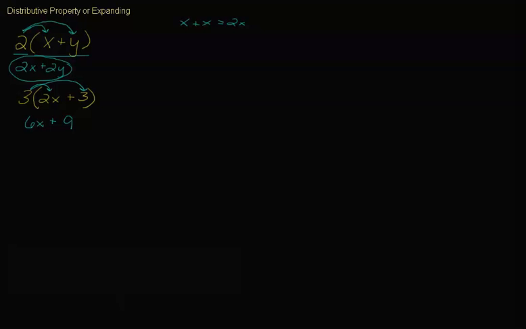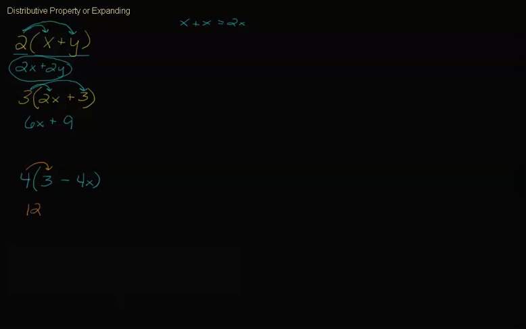Okay, let's try a couple other ones. Let's do 4 times 3 minus 4x. Pause it and see if you can do this one on your own. In this case, we take the 4 times the 3, which is 12.